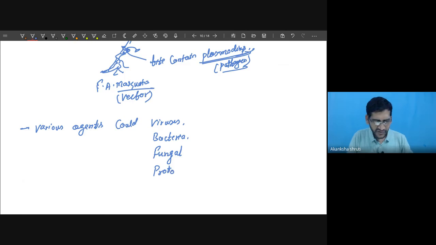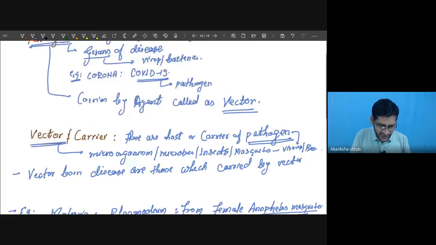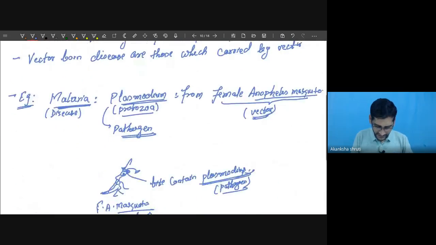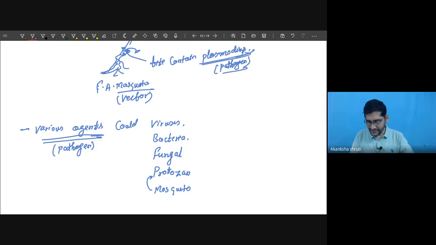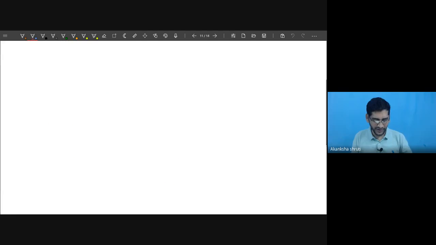Protozoan, or maybe the mosquito, though this mosquito possesses the protozoa. Okay, student, it is this one. So what are the various agents or various pathogens basically? So these are the agents or pathogens. So we have to learn about this. What are the various diseases caused by virus, bacteria, fungus, that we have to learn.